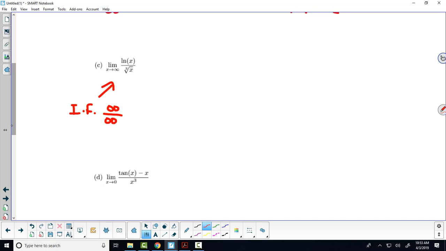So let's apply the L'Hopital's Rule. We get 1 over x divided by 1/3 x to the minus 2/3. Folks, in my head, I converted that to the exponent x to the 1/3, and then I took its derivative.